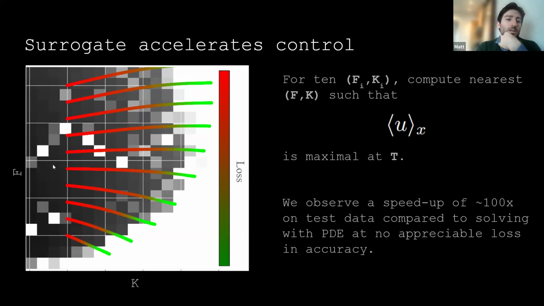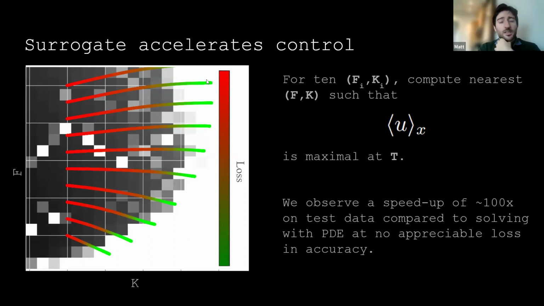Well, what we can do is that we can just take some initial parameter values in the interior, and then we can ask the question, okay, well, what's the nearest parameter such that the obverse behavior obtains? And by that I mean that the concentration of U doesn't go to 0 or some low value, it actually is maximal. So we want to find the nearest point in parameter space such that the opposite behavior obtains.